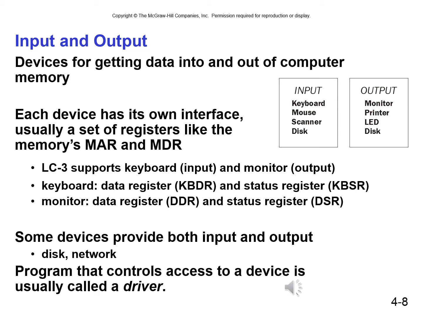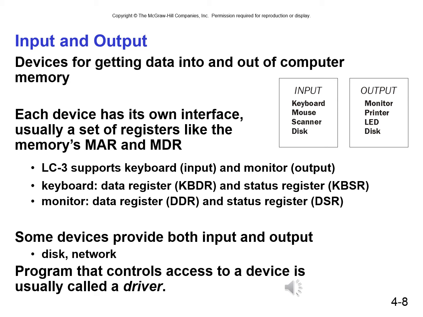Each device has 2 registers, one for status and one for data. The keyboard has the keyboard data register and the keyboard status register, and the monitor has the display data register and the display status register.